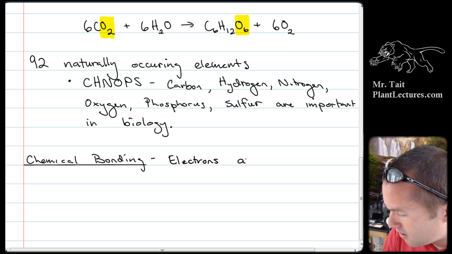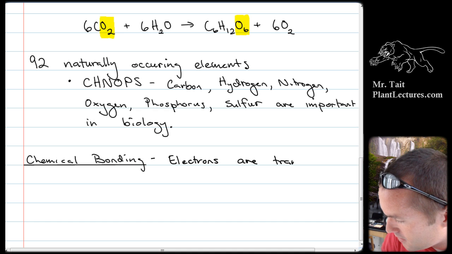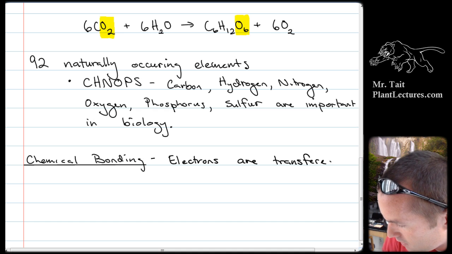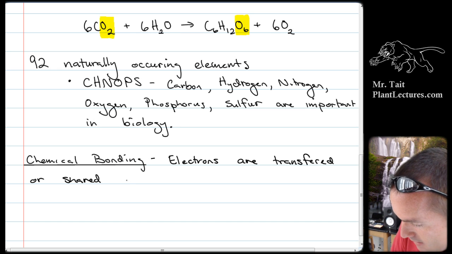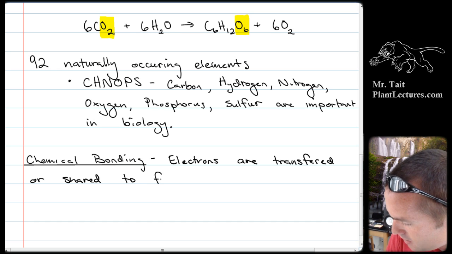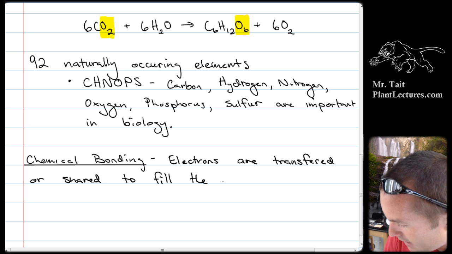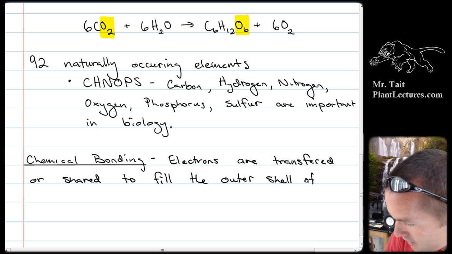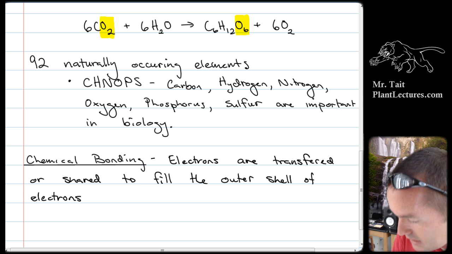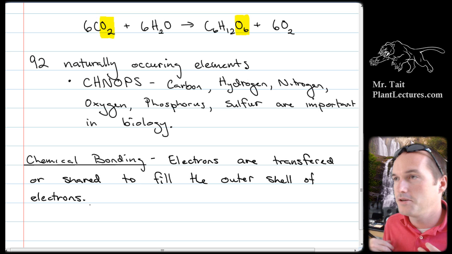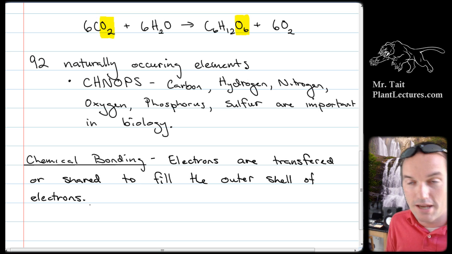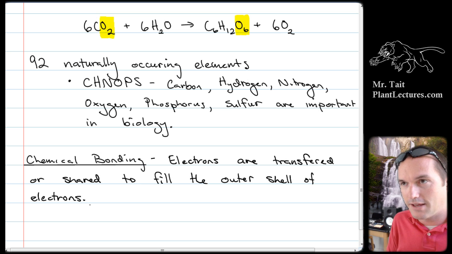So electrons are transferred or shared to fill the outer shell of electrons. Those electrons are called valence electrons, the outer shell. And for the most part, we can say that this is going to be conforming to what we call the octet rule, because as we said, they want to have 8 electrons in their outer shell.